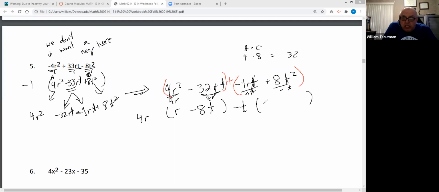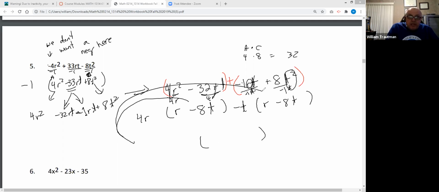The T's cancel, and we're left with R. +8 divided by -1 is a -8, and then the T cancels out, and the parentheses are identical. Then we're going to factor out the parentheses, the R minus 8T. Whatever's left over, this 4R and this minus T, is my answer.